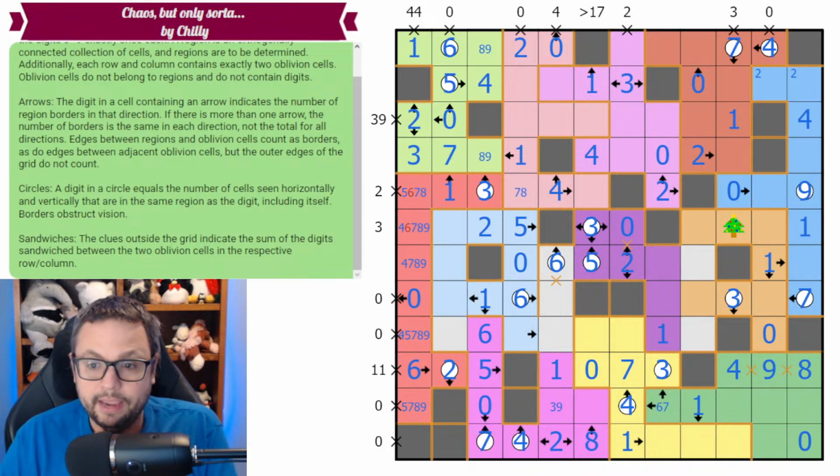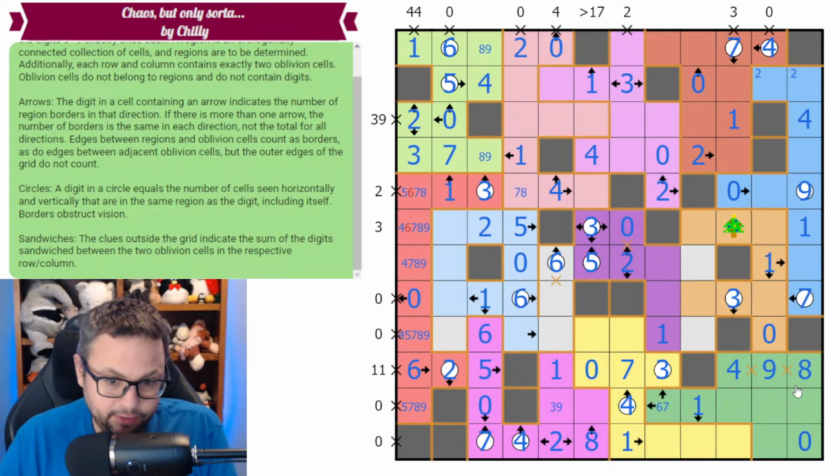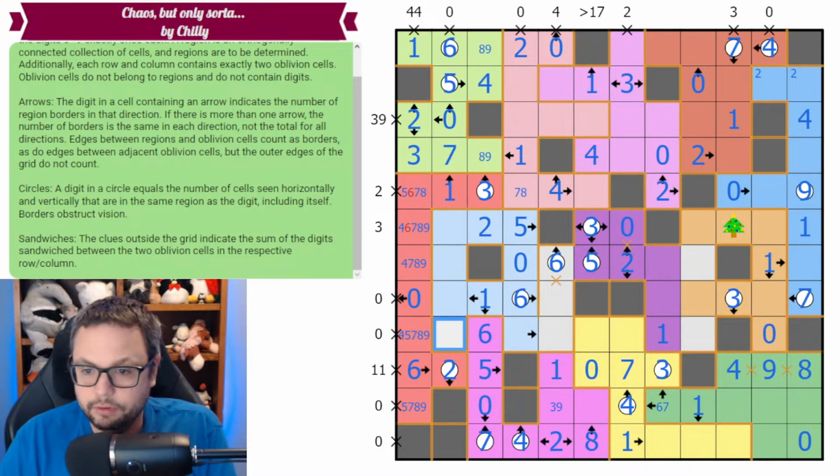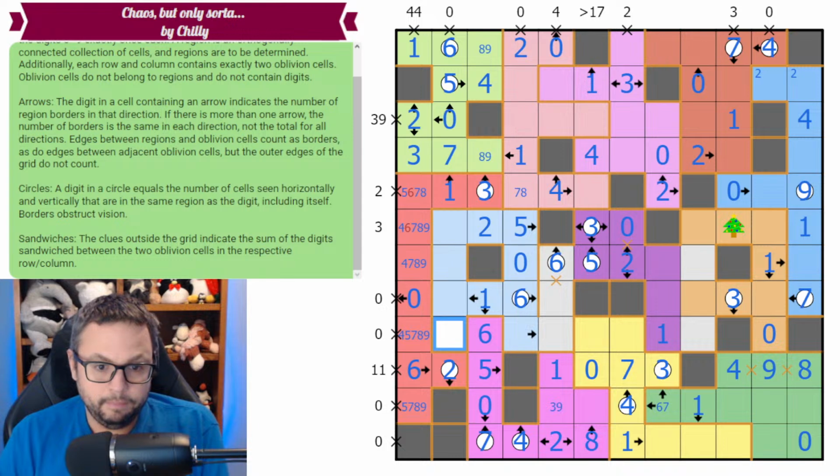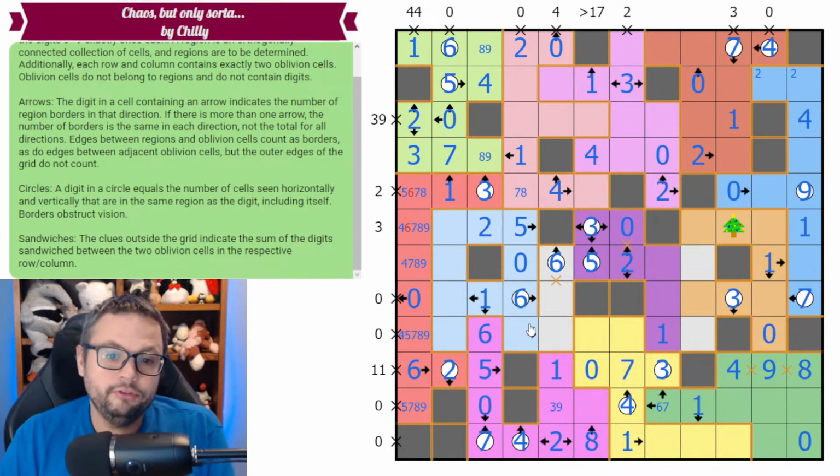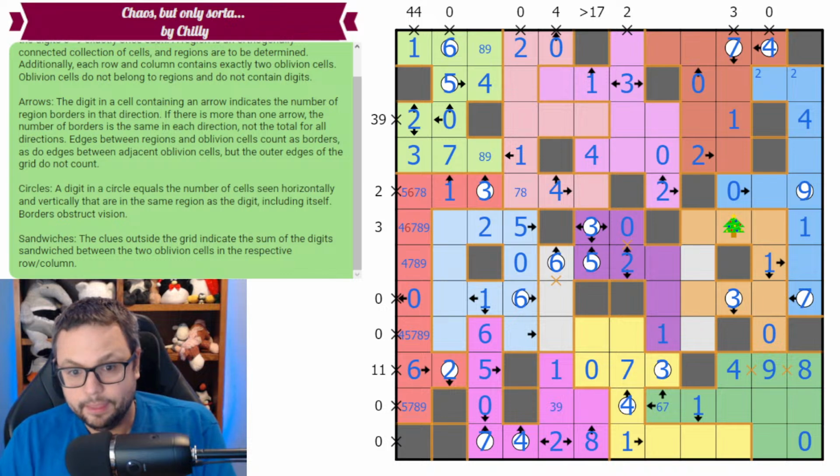Sorry, Carnival Cake finished. When did that happen? Who knows? Carnival Cake is now finished. And so therefore this cell is Ocean Spray. There we go. And so now Ocean Spray is finished.